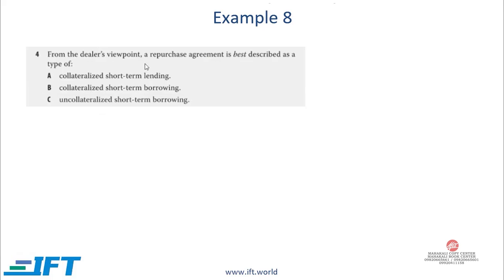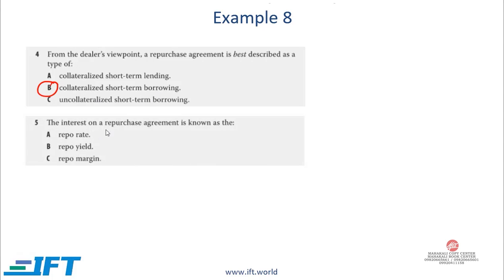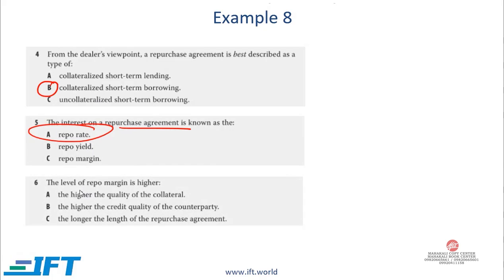From a dealer's viewpoint, a repurchase agreement is best described as, here the best answer is B, collateralized short-term borrowing, and we have talked about this. The interest on a repurchase agreement is a repo rate, and we've also talked about this. The level of repo margin is higher under which of the following circumstances?